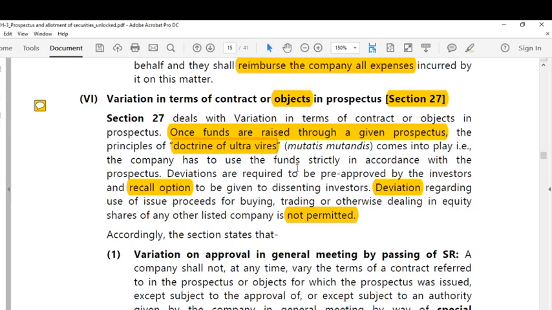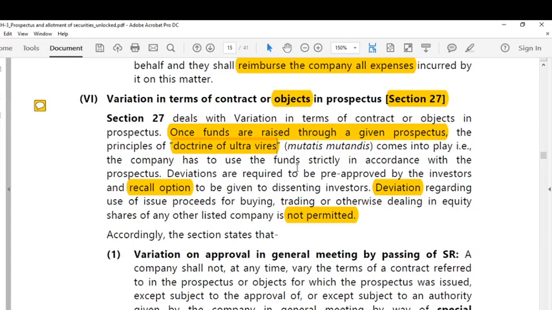The doctrine of ultra vires says that whatever the money is being raised, for the same purpose it has to be used. And if there is any variation in the objects due to one or the other reason, the company should give a recall option to the dissenting investors.